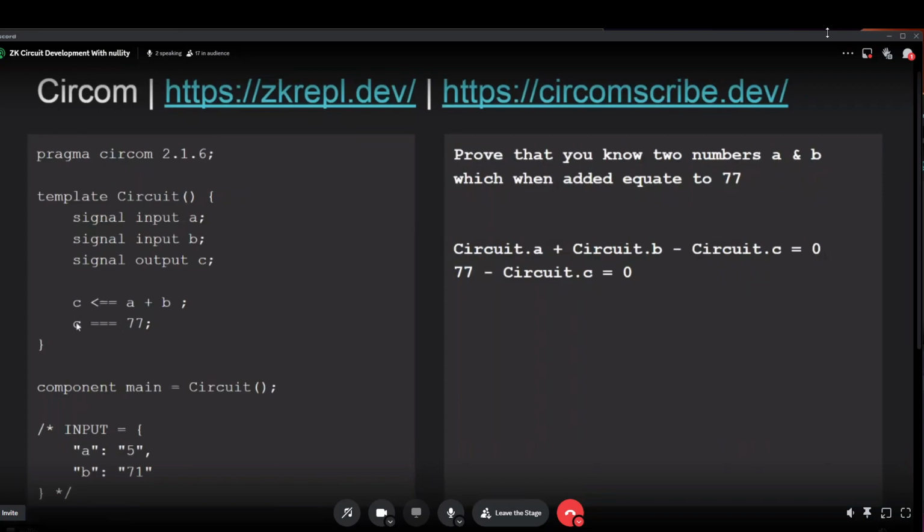Moving to the next line, we created an additional constraint which says that C has to be equal to 77. Now just to sum it up, we have a circuit which takes two inputs. It adds A and B, and it says that the output C has to be equal to a number 77.